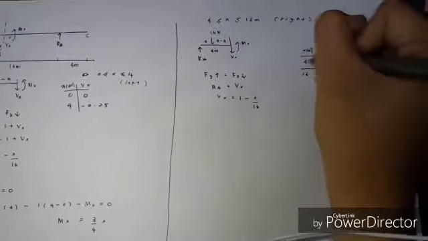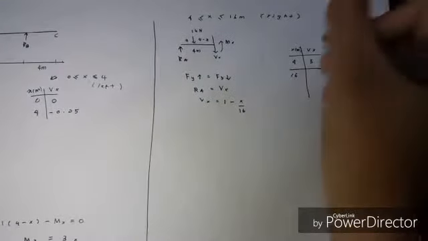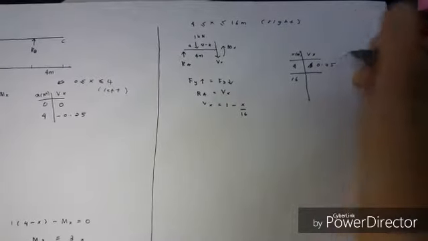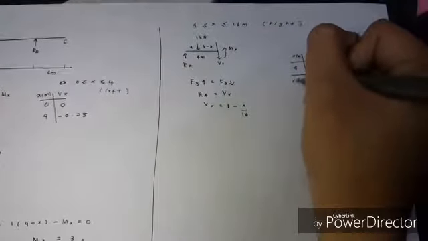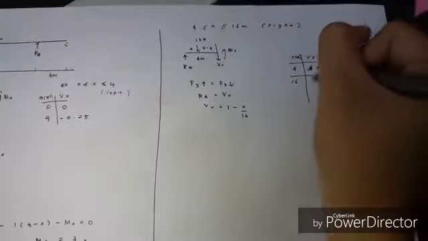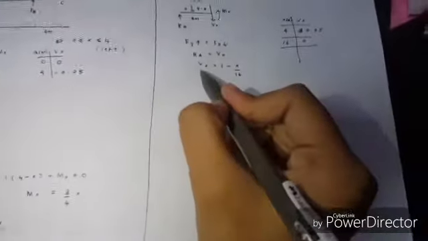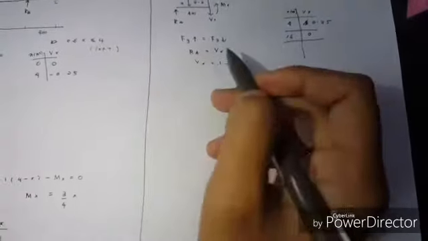When x equal to 4, Vx equal to 0.75. When x equal to 16 meter, we got Vx equal to 0. Okay, this is for shear Vx from right section.